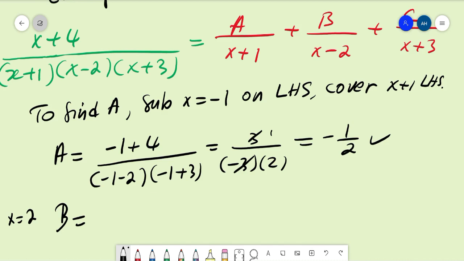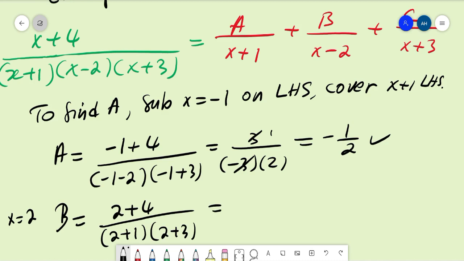If we do that, we get 2 plus 4, that is 6, over 2 plus 1 multiplied by, we have x plus 3, so 2 plus 3. This is equal to 6 over 3 times 5, since 2 plus 3 is equal to 5. Now this can cancel, 3 times 1, 3 times 2. So b equals 2 over 5.